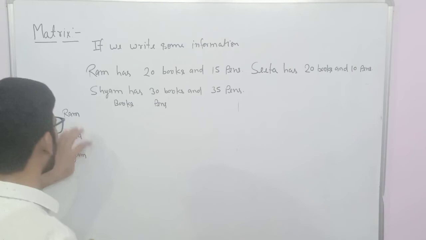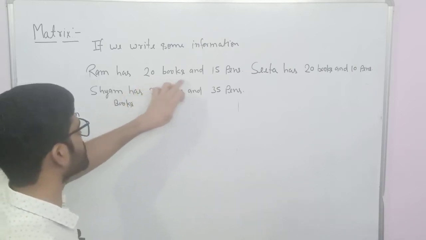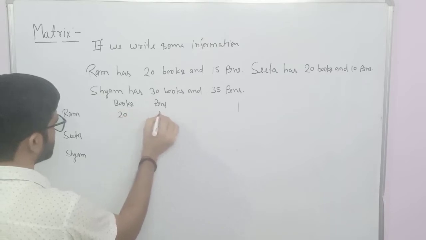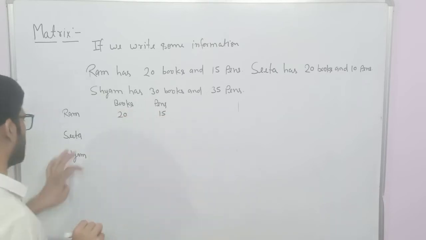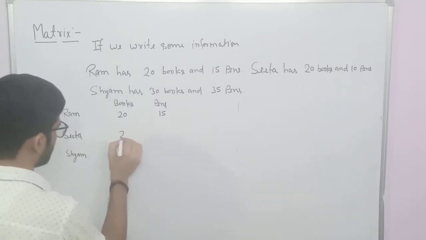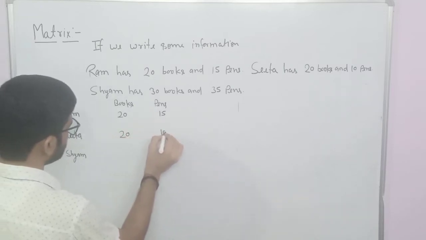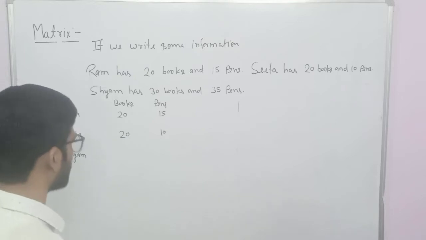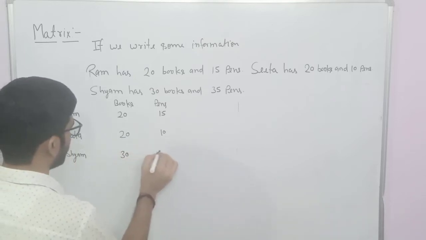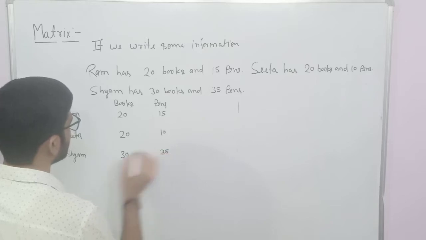So Ram has 20 books and 15 pens. Sita has 20 books and 10 pens. And Syam has 30 books and 35 pens.